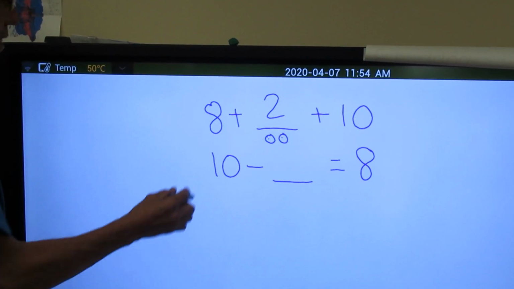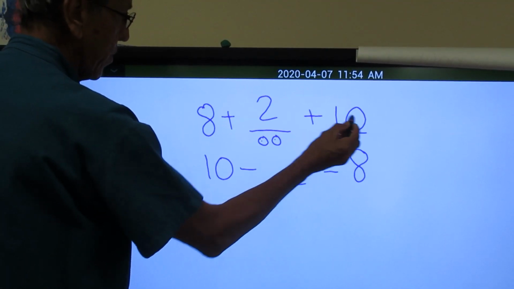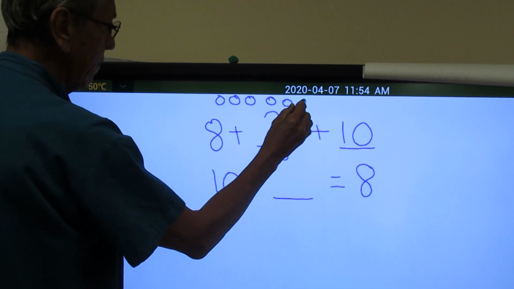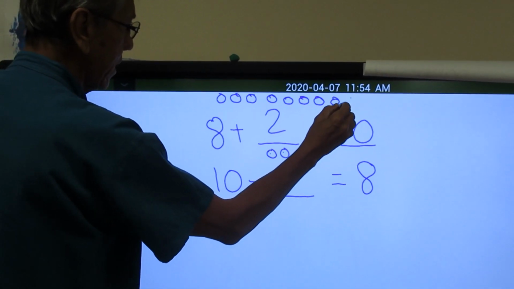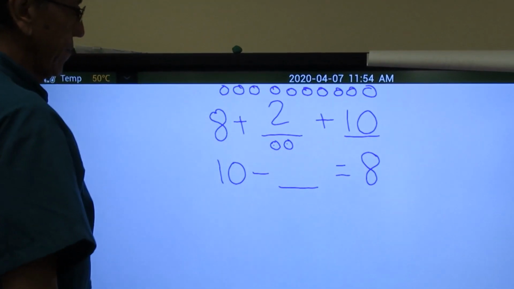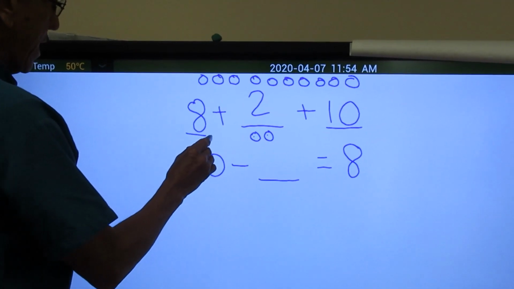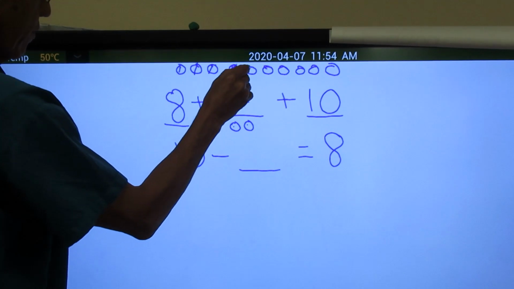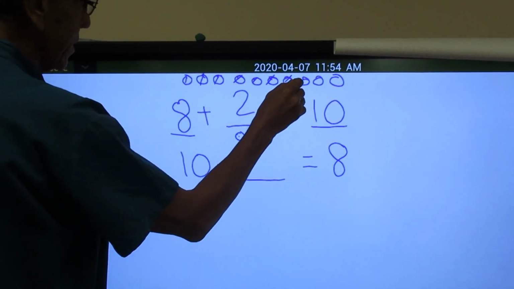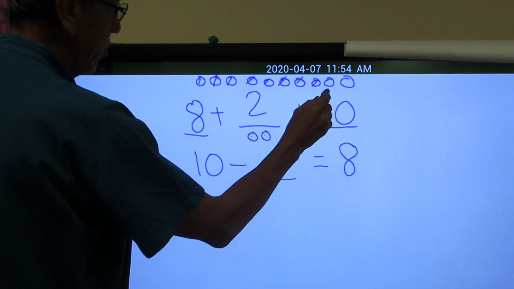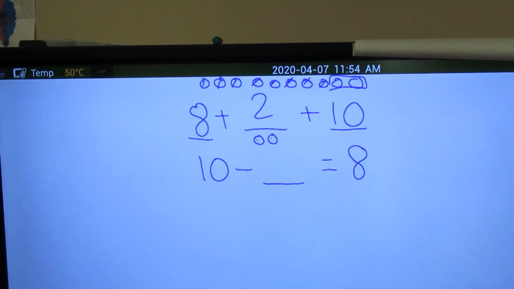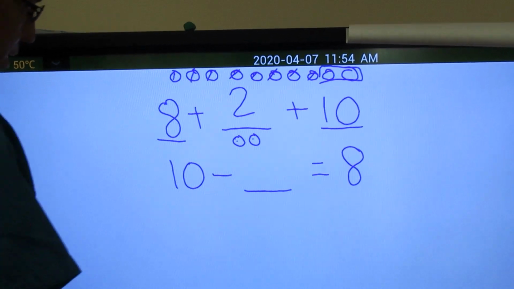Another way to do it is to start off with this quantity. 1, 2, 3, 4, 5, 6, 7, 8, 9, 10. And how many do I have? I have 8. So I need to add 2 more. Just 2 different ways of doing the same thing.